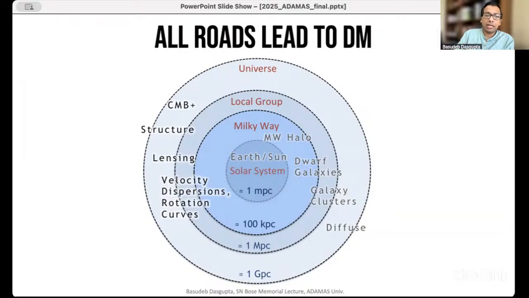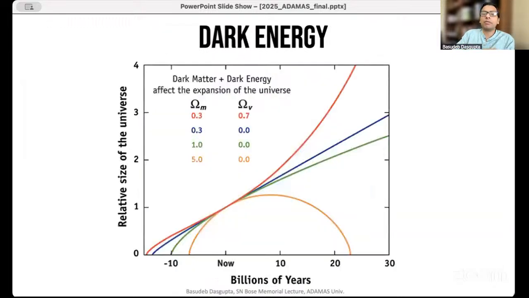Okay. Now, that together with the fact that we observe that the universe is expanding, and expanding at an accelerating rate, has given us a picture of the universe which includes not just this thing called dark matter, but something else called dark energy, which I will not tell you more about.